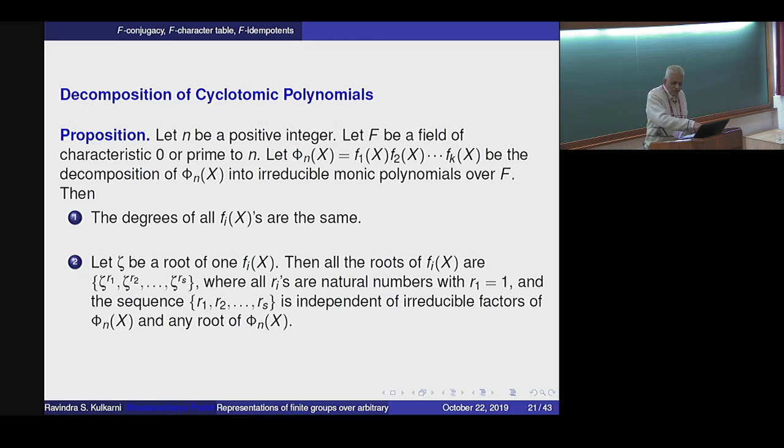So they are zeta to the r_1, zeta to the r_2, up to zeta to the r_s, where r_1 is 1, and the sequence r_1, r_2, up to r_s is independent of the irreducible factors of phi_n(x) and independent of the choice of zeta. So these 1, r_2, r_3, up to r_s are the terms which occur in that group A.